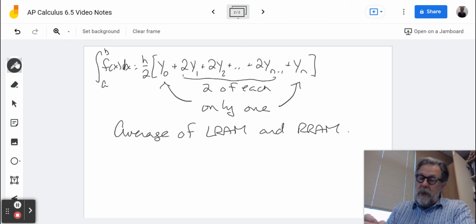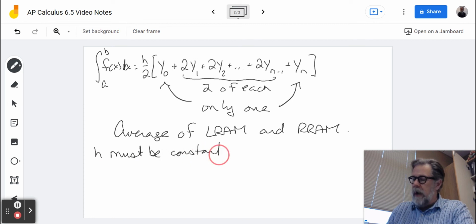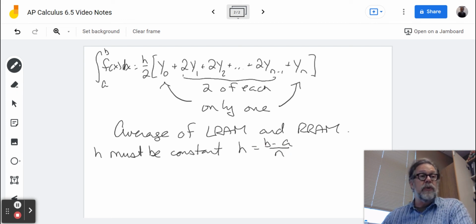So a couple things we do need to think about here. One is that h must be constant. In other words, all of my trapezoids must be the same width. And we know that it's equal to b minus a divided by the number of trapezoids that I choose to have.